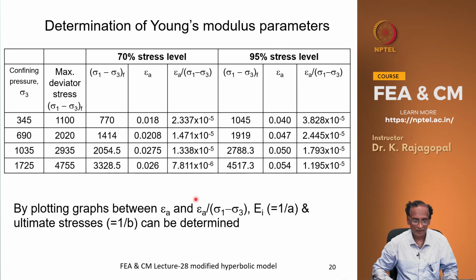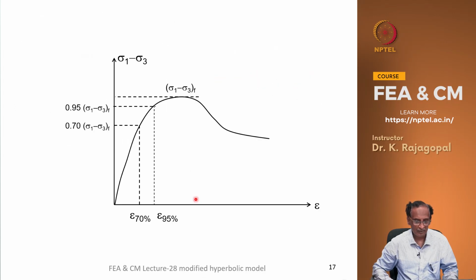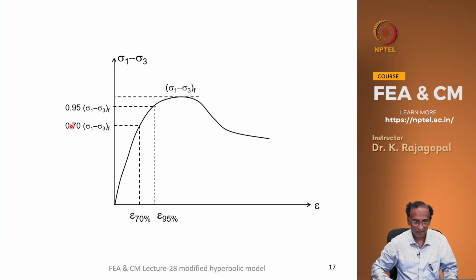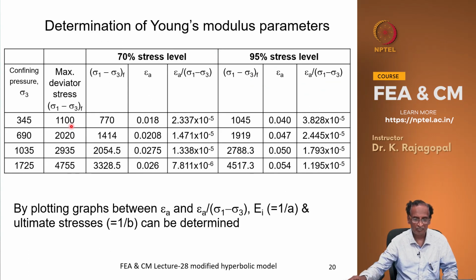We have the basic data from 4 different confining pressures, and then we can take the 70% stress level and 95% stress level at each of the confining pressures. So, at a confining pressure of 345, the maximum deviator stress is 1100.